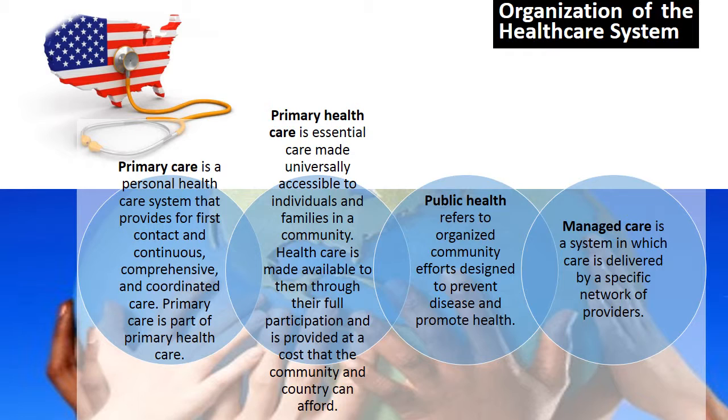Let's talk about one more term. Managed care is a system in which care is delivered by a specific network of providers. Each provider serves as a gatekeeper who controls access to other providers and services. Cost is usually reduced because members cannot use specialists or seek hospital or other care without permission from their primary care providers.